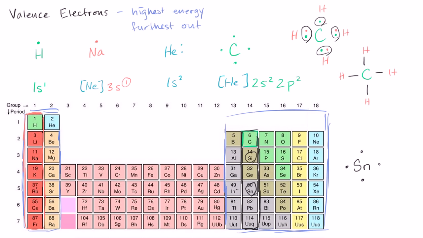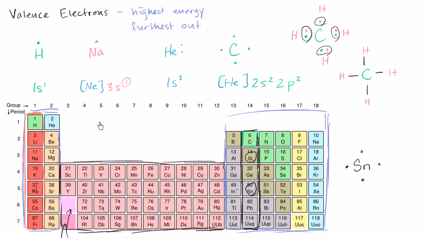Now, what about your transition metals, your D block right over here, and actually your F blocks are going to be thrown in here as well. These are special cases, and these get a little bit more involved, because as we already learned, once you're in the 4th period, let's say we want to do the electron configuration of, say, iron.